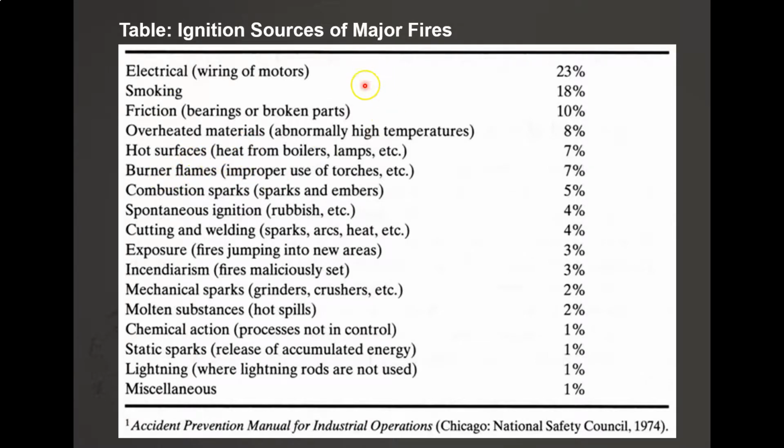These are all the ignition sources that come from accidents: smoking, bad wiring, friction of bearings. These are the faults during the process, and these faulty processes will contribute to the ignition process.